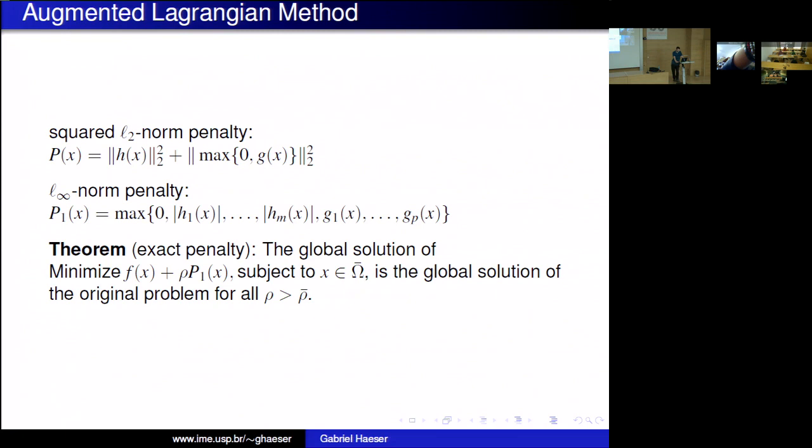This is not what we want to do. You can do this, of course, and there are some techniques for it, but our approach is to take advantage of the differentiability of this function, so that each subproblem can be solved with continuous or smooth techniques such as Newton's method or something like that.